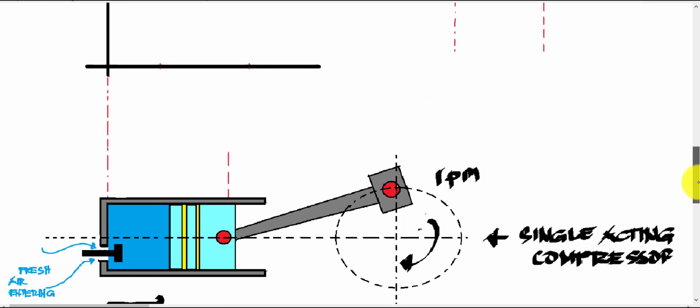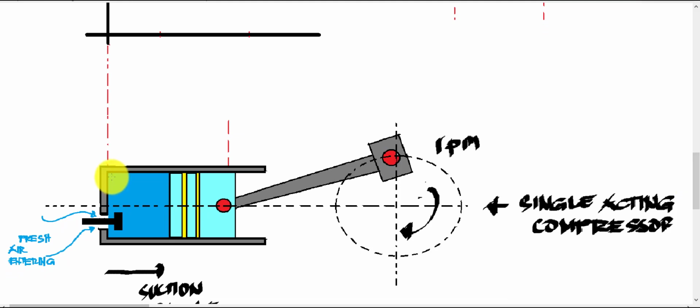Now I'm going to show you how to plot that one in a PV diagram. So you will notice here, this is the top dead center. Now your valve here, the intake valve. So we have your fresh air here, fresh air entering this side.